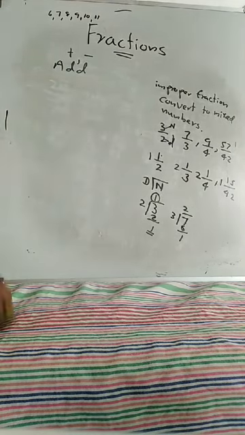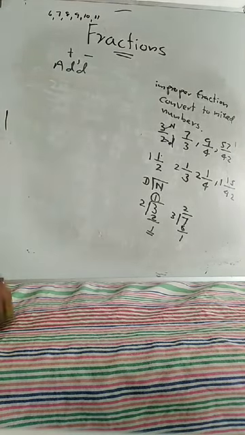When they have given a mixed number, let's learn this also: converting mixed numbers to improper fractions. Mixed numbers: 1 upon 2, then 2 and 1 upon 3, then 2 and 1 upon 4, then 1 and 15 upon 42. These are mixed numbers, no? Now we should convert them into improper fractions.